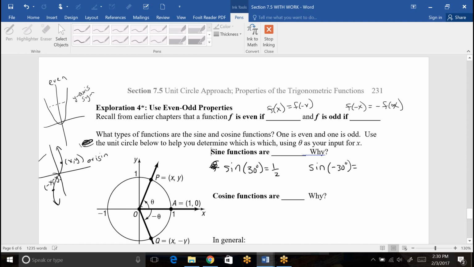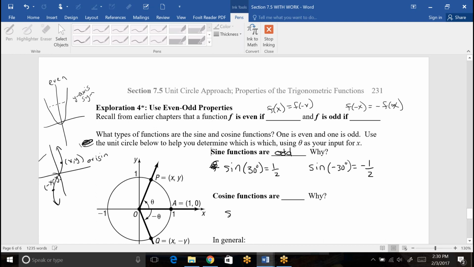Well, negative 30 degrees is down here, and notice sine is related to y, remember, y over r, which is 1 for us. So whatever this point value is here. So notice down here the y is negative. So sine is going to be negative in this quadrant down here, which means that when you plug in a negative, you get a negative y. And when you plug in a positive x, you got a positive y. So that means that it is an odd function because it has the origin symmetry.